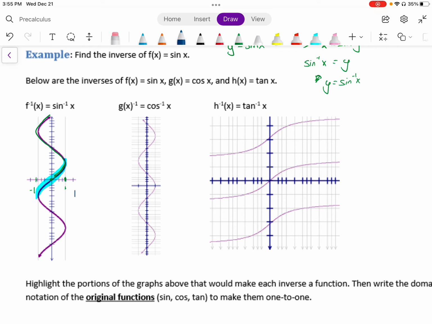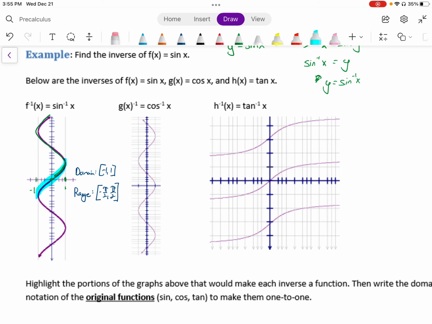All right, so we need to limit our range. We only want the range to be from -pi/2 to pi/2, and our domain ends up being from -1 to 1. Cosine is a little bit different.